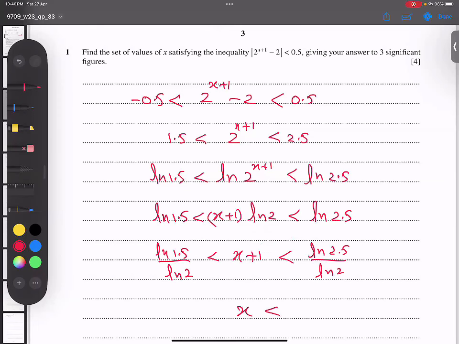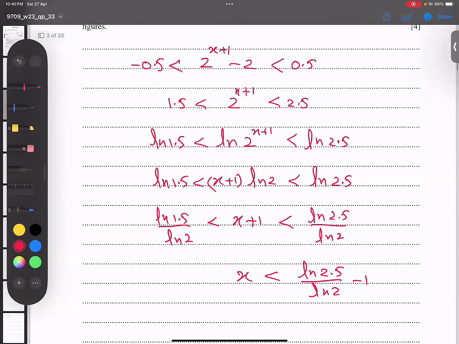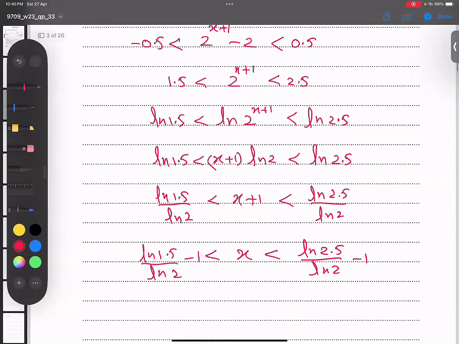I'll get x in the middle: ln 2.5 over ln 2 minus 1, and ln 1.5 over ln 2 minus 1. It is a matter of just typing in the calculator. I think it is clear.